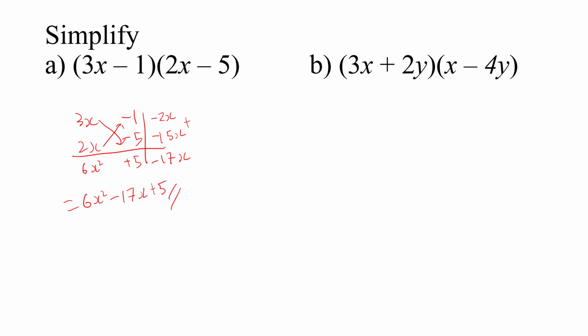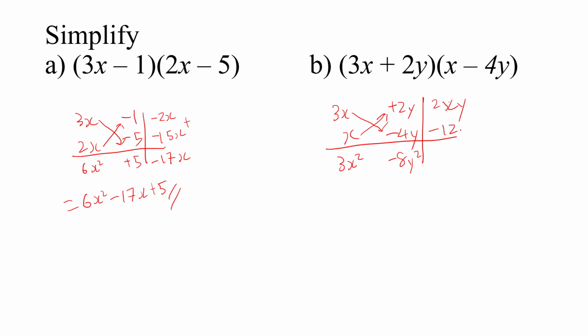For the next question, the method is also the same, very simple. You just draw this, 3x plus 2y, x minus 4y. 3x times x will give me 3x squared. 2y times negative 4y will give me negative 8y squared. x times 2y will give me 2xy. 3x times negative 4y will give me negative 12xy.